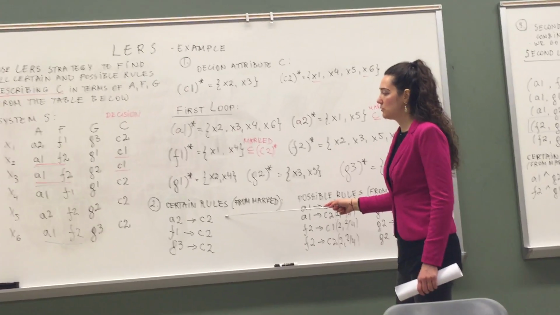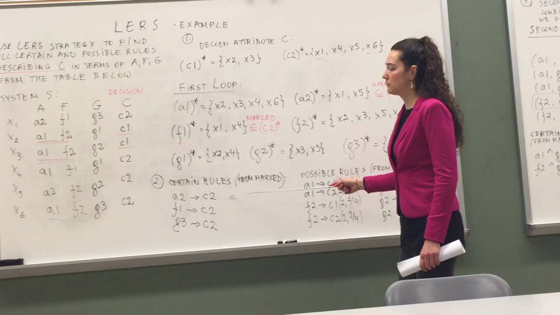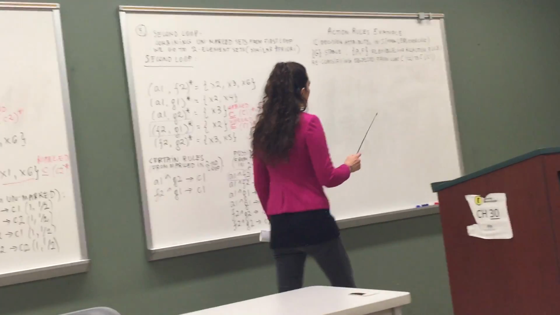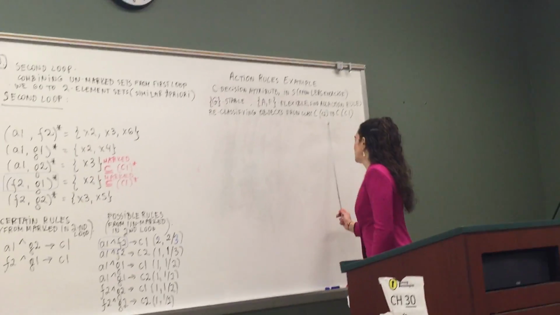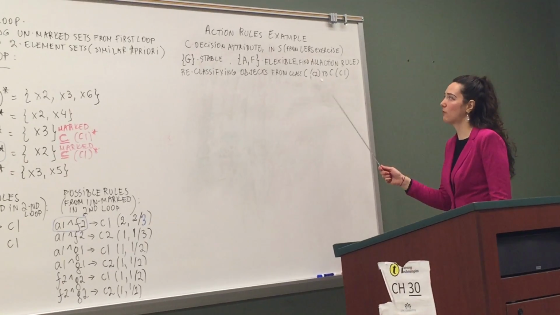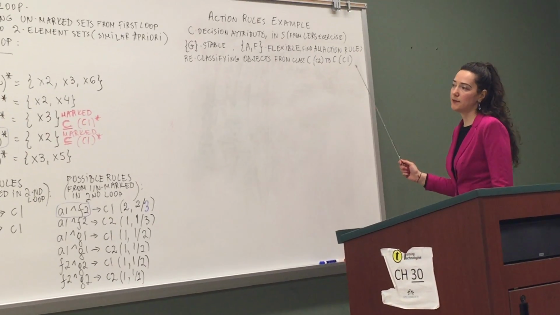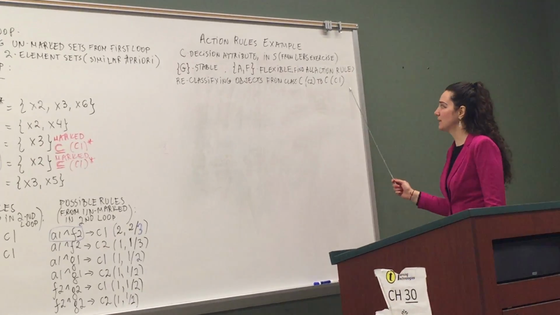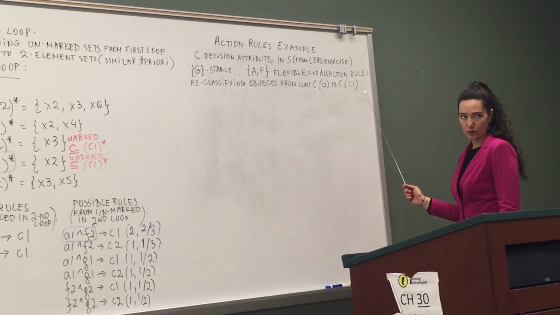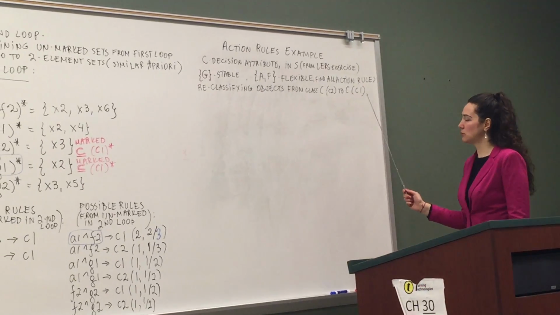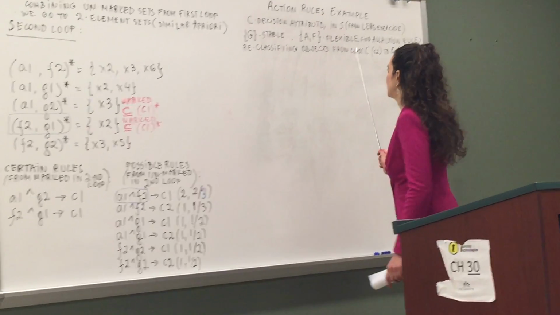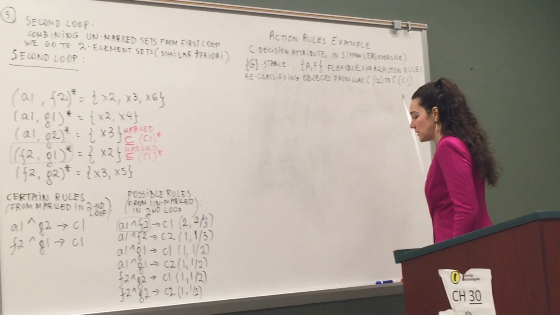So what we will do is look for pairs of rules, one that has C2, the class that we want to move from, and another that has C1, the class that we want to move to. We want to change our objects from C2 to C1.